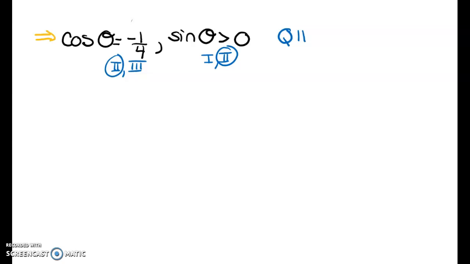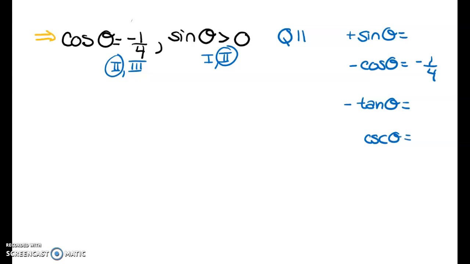So let's go ahead and do sine. Sine is going to be positive. They gave us cosine already. That's negative 1/4. Tangent in Q2 is going to be negative. Cosecant in Q2 will be positive.